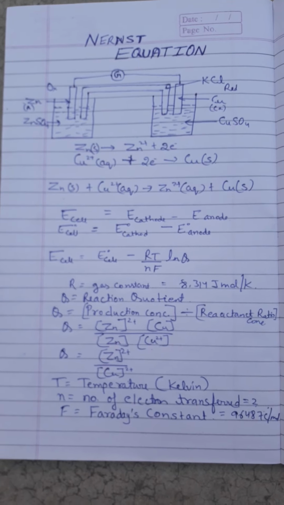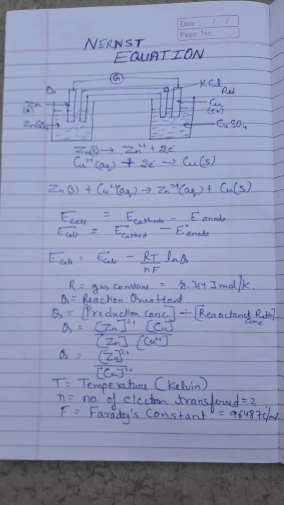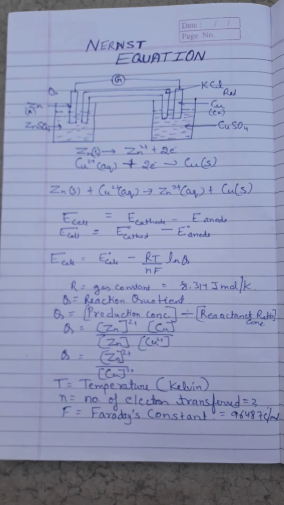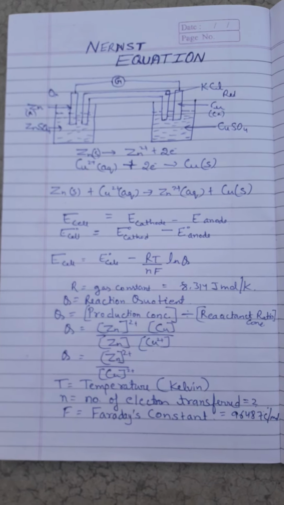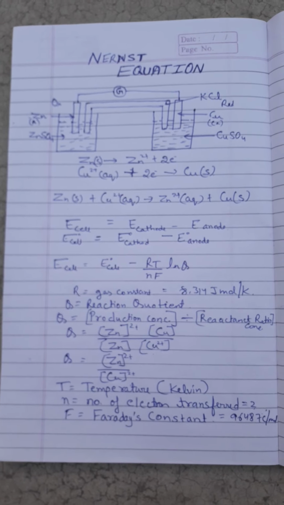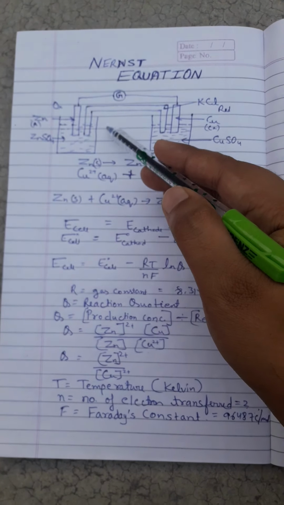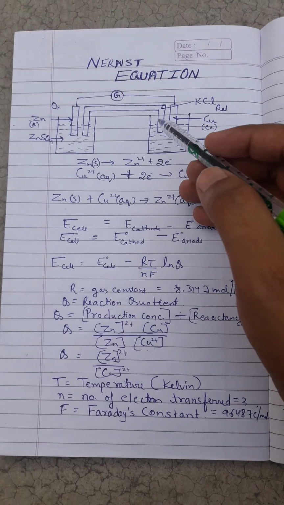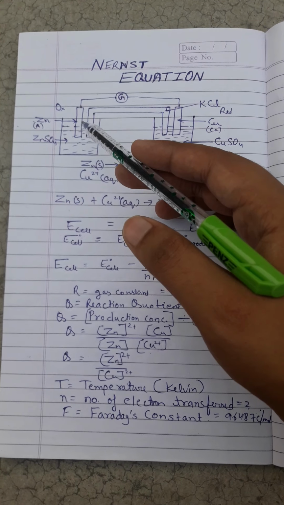Since the sizes of K+ and Cl- or sulfate ions are almost equal, their speeds will also be equal. So this is the salt bridge, and this is the usefulness of the salt bridge.